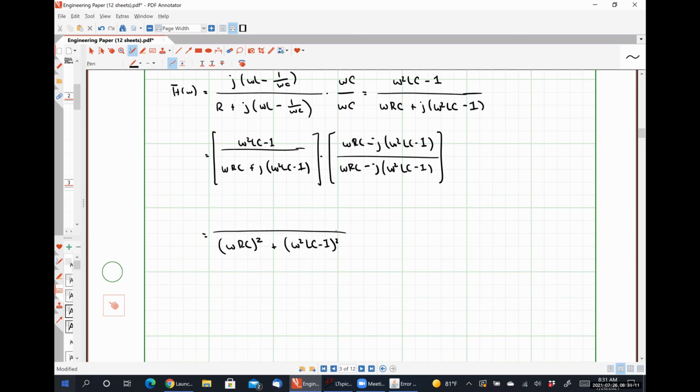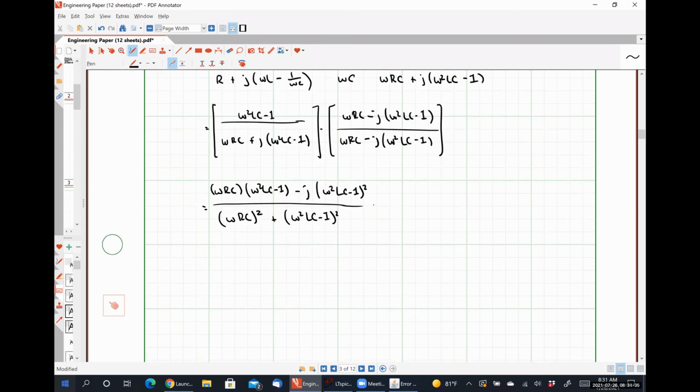And here we are going to have omega RC times omega squared LC minus 1 as a real part, minus J omega squared LC minus 1 quantity squared as our imaginary part. And I'll just explicitly break this up.